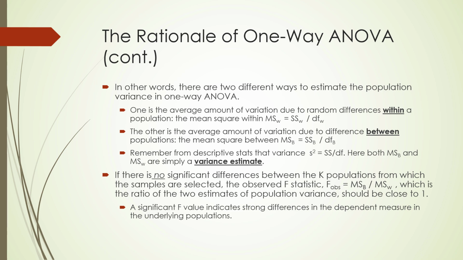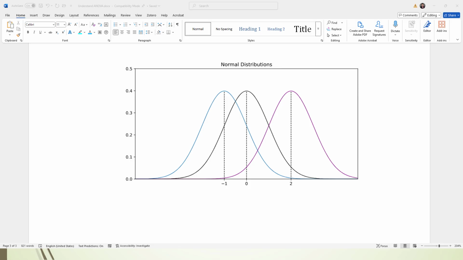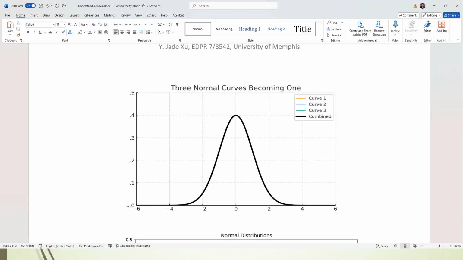This is how you understand what is going on. Let's assume that the null hypothesis were true. The 15 cars drawn from the 3 underlying populations were indeed from the same population, because all means are equal and all populations have equal variances.